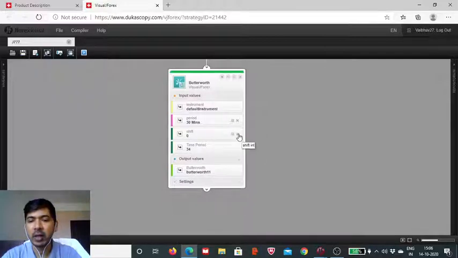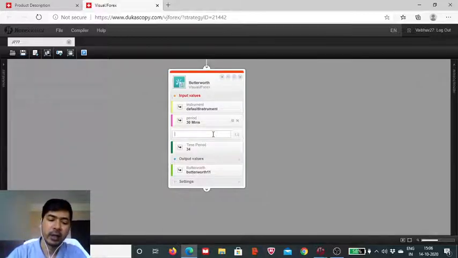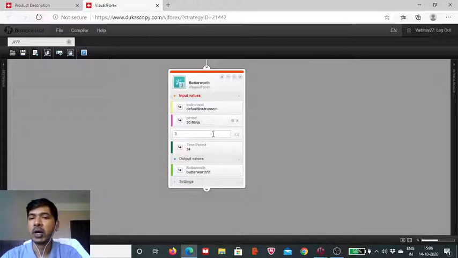For example, if I take 3 as our look back period, then we will get the output of the Butterworth filter 3 candlestick periods back, of 30 minutes each, that is 1.5 hours.